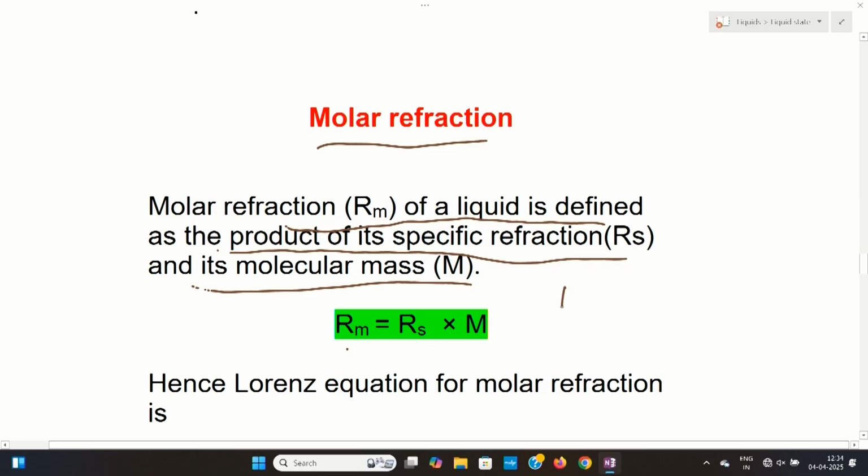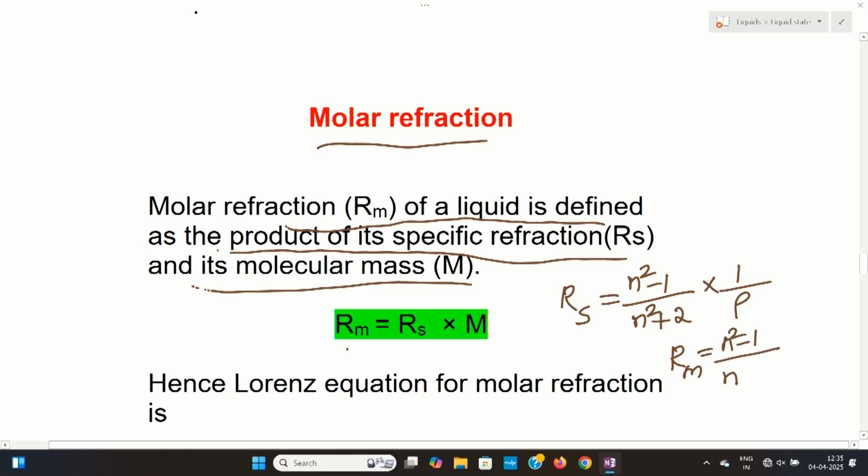We know what Rs is. Rs is nothing but specific refraction. The equation is n square minus 1 divided by n square plus 2 into 1 by rho. So, Rm, that is molar refraction, is n square minus 1 divided by n square plus 2 into M by rho.